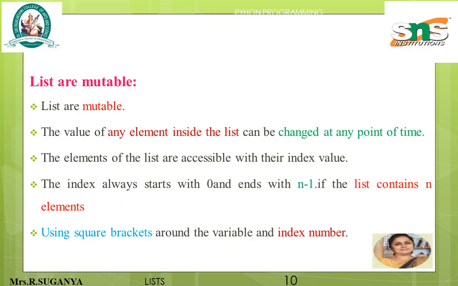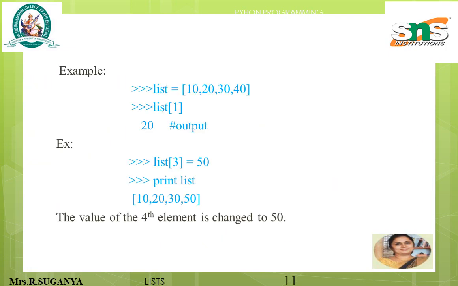Lists are mutable. The value of any element inside the list can be changed at any point of time. The elements of the list are accessible with their index value. The index always starts with 0 and ends with n-1 if the list contains n elements, using square brackets around the variable and index number.